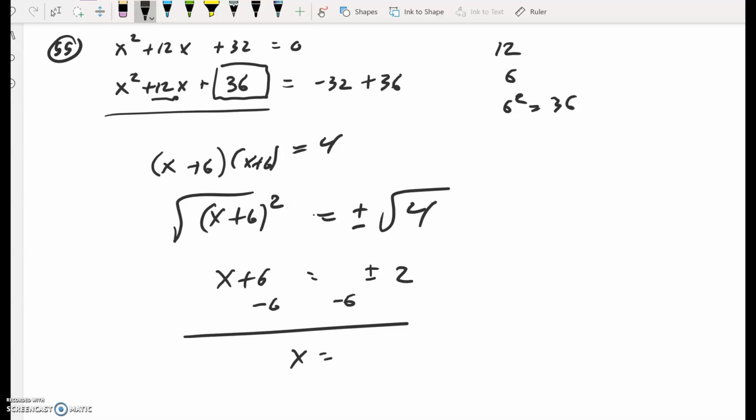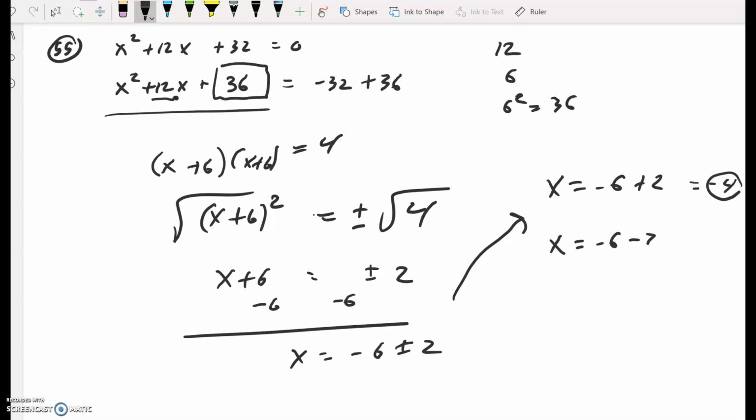We have x equals -6 plus or minus 2. That is x equals -6 plus 2, which is -4, or x equals -6 minus 2, which is -8. These are the two solutions. They should check in the original problem.